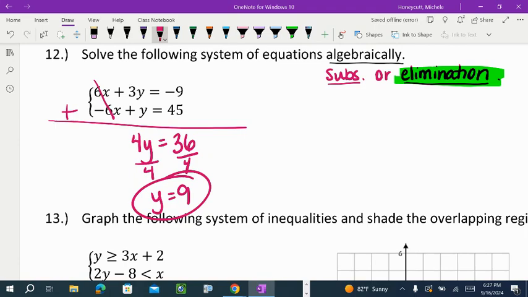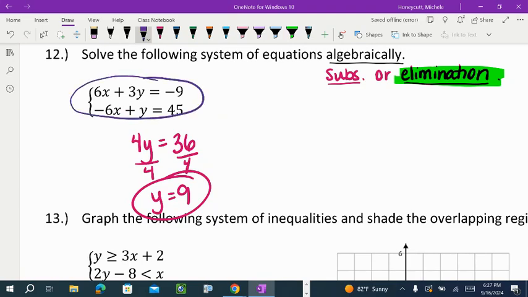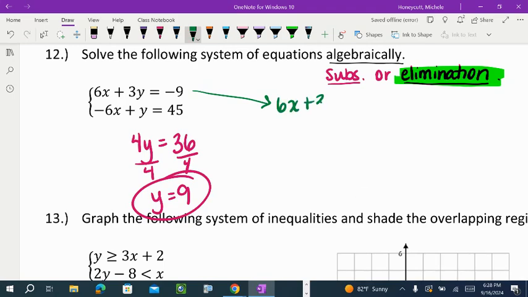I'm not done yet because I still need to find x. Notice that this equation has x and y, so my solution needs to have an x and a y. I'm going to use either equation. I think I'll pick the top one to find x. So 6 times x plus 3 times whatever y was equals negative 9. We found that y was 9.